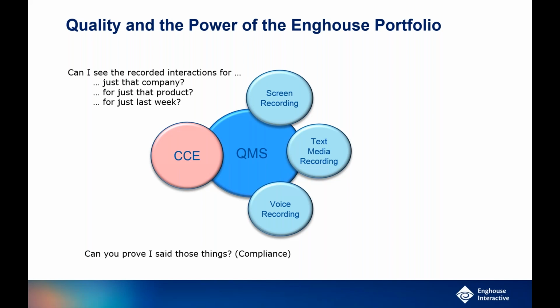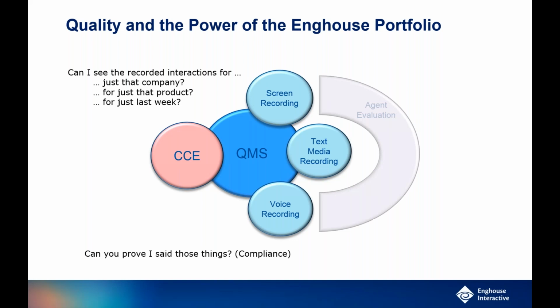And now I can look up interactions based on company name, or based on what product that customer was calling about, or based on the time frame that the interaction occurred, or based on basically any interaction property that you capture, either tied into your CRM system or your ERP system or whatever you might use for business intelligence on customers and on their issues. So now I can tie it to all of that data, feed that connection point into QMS, and now I can search for these recordings based on any criteria you choose.